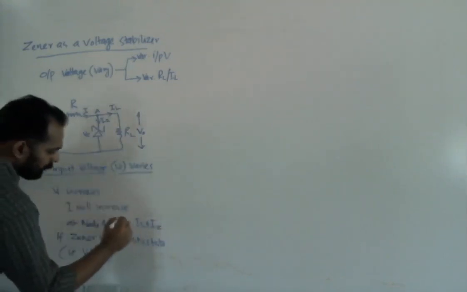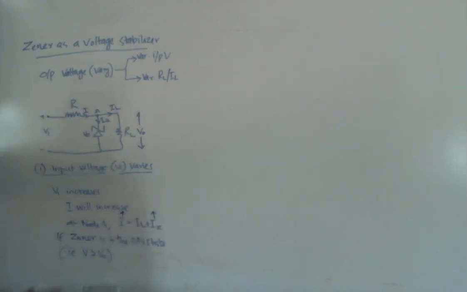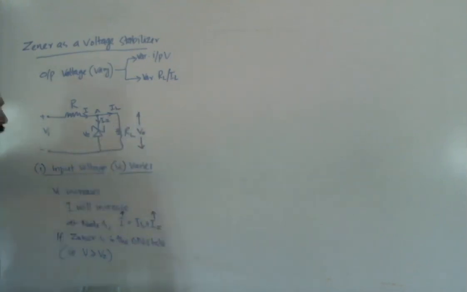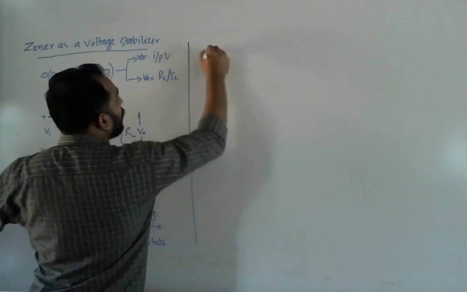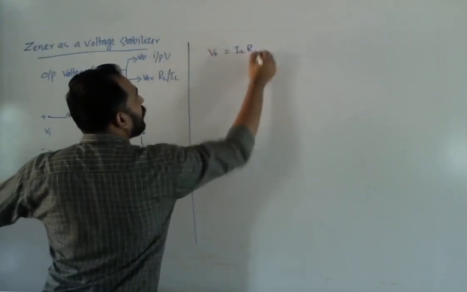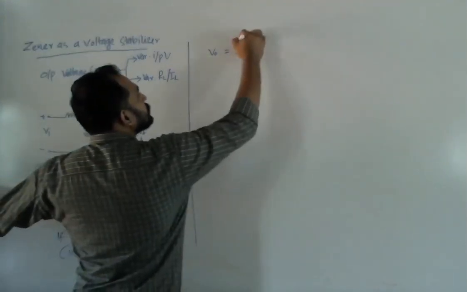An increase in I will make an increase in IZ and the load current remains the same, so that when there is a variation in the input voltage, the output voltage remains the same, since the output voltage is given by V0 is equal to IL into R.